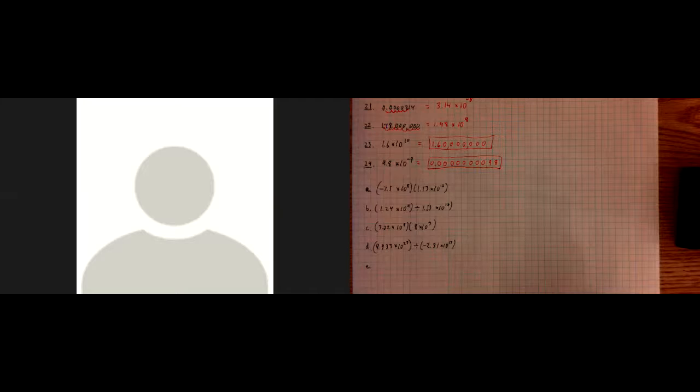D, I have 9.933 times 10 to the 23rd, divided by negative 2.31 times 10 to the 17th. And for E, negative 6.04 times 10 to the 9th times 7.3 times 10 to the 2nd times negative 2.81 times 10 squared.